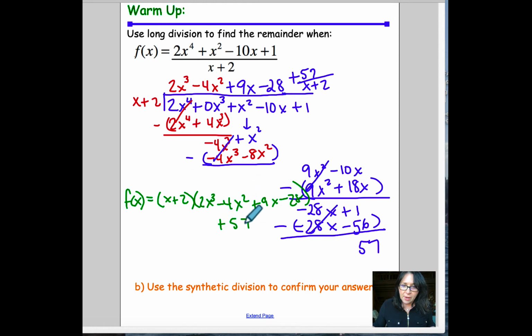And so that would be in polynomial form. This would be just the answer. You just box this whole thing up like this. Okay, and that's just the answer.